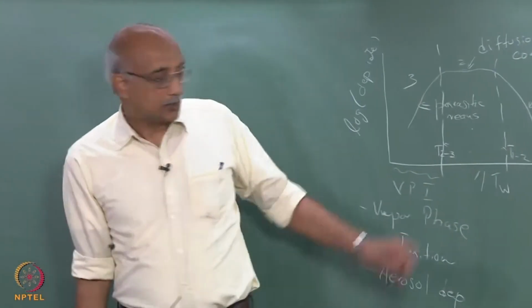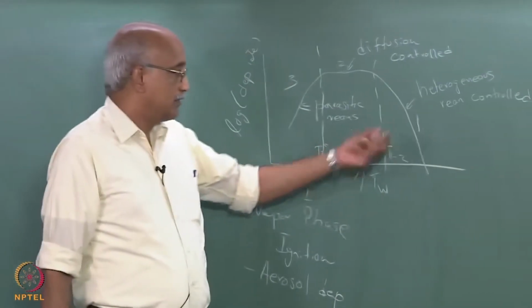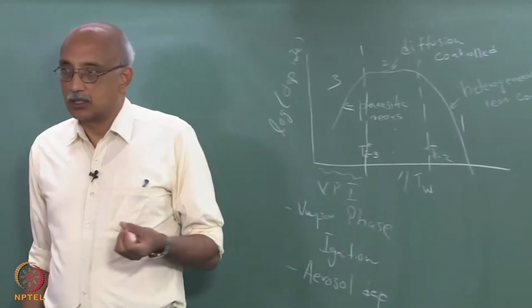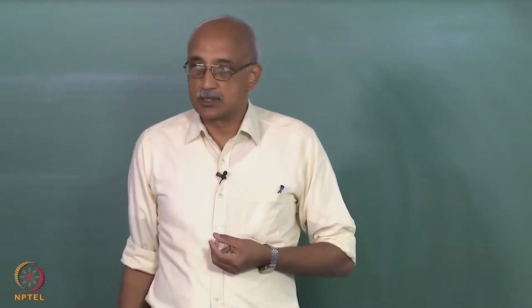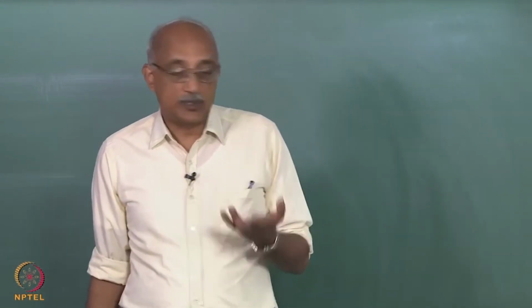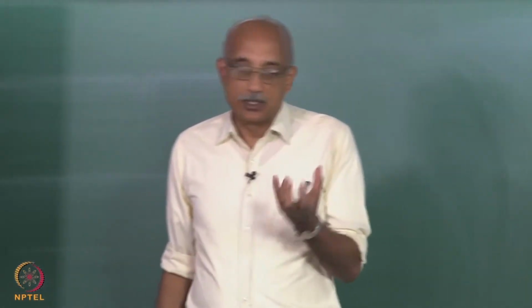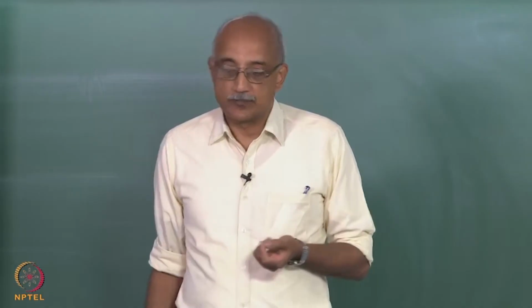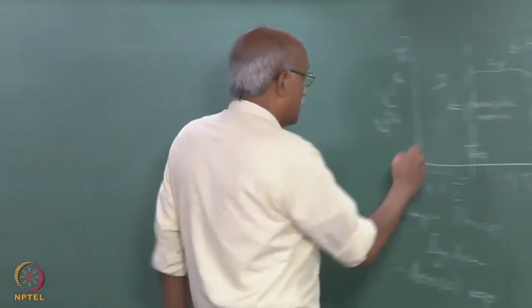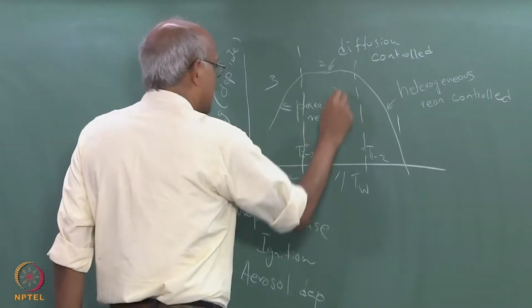The reason is, if you get close to this boundary, even a slight variation in the substrate temperature can make a huge difference to the deposition rate, and you do not want to be in a situation where you have to control substrate temperature to plus or minus 1 degree or whatever, or 0.1 degree. So, you would prefer to be somewhere in the middle of this.